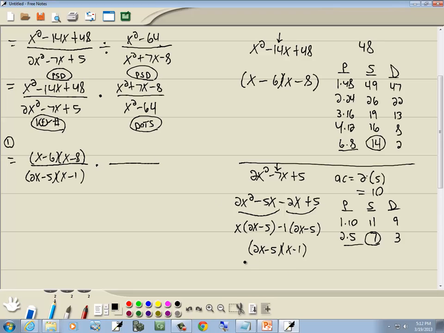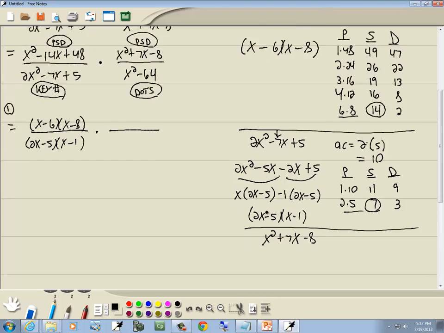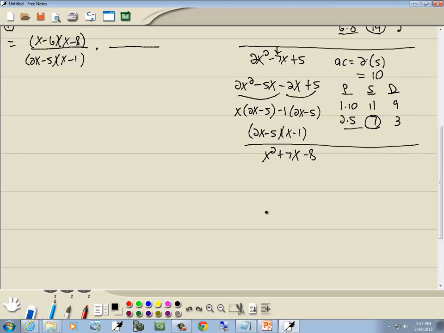Okay, so let's look at our next one. We've got x squared plus 7x minus 8. PSD. Take the number at the end, ignoring signs, so we've got 8, and come up with our three columns. We've got 1 times 8, 2 times 4. Add them, subtract them.